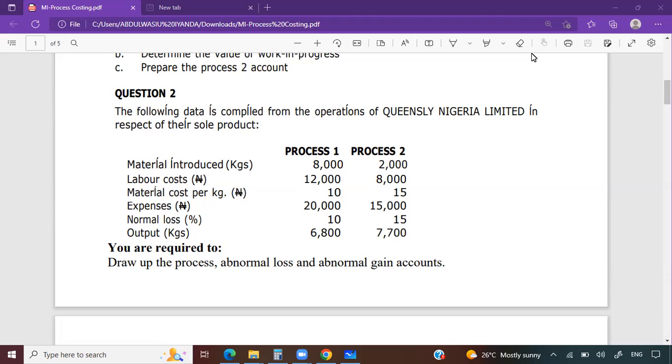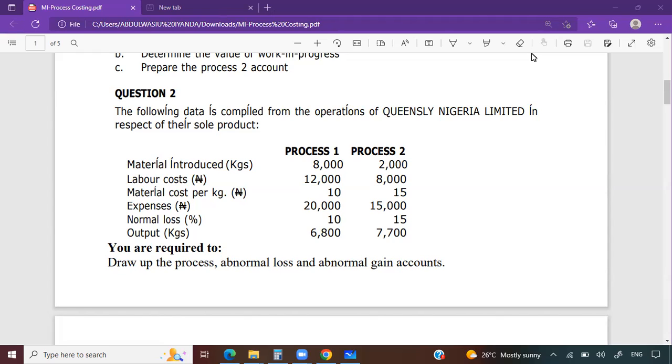Because of the continuous nature of the production process.